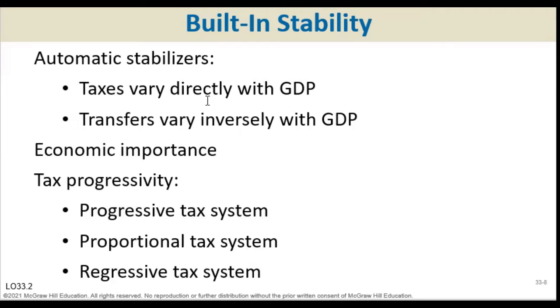Transfer payments, like unemployment compensation and welfare payments, vary indirectly with the business cycle. When the economy is expanding, people tend to collect less of those transfers. But if the economy is contracting, people are out of work, and automatically ask for more unemployment benefits.